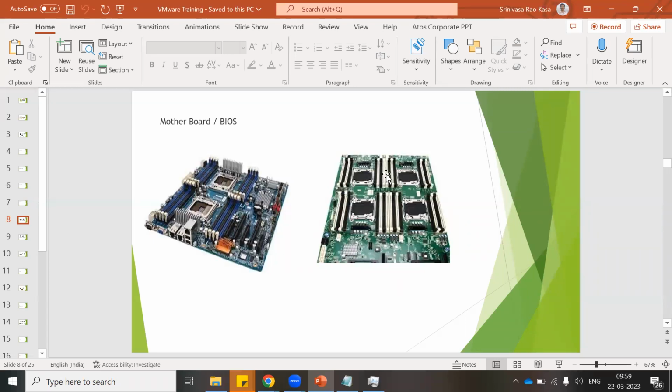We are going to use DDR memory chips, and these are the slots where we insert those memory chips. See here, white and black combination. In this first picture, blue and black combination. You can segregate the socket: generally, a processor socket will be square in shape.